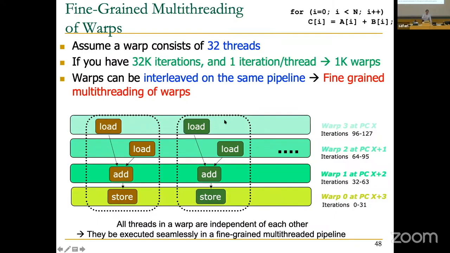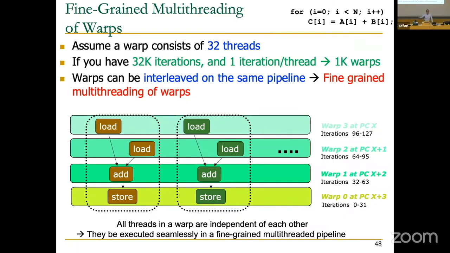And then once it's done, it gets refreshed and it executes program counter X plus 1, because it incremented the PC to the next instruction for the same 32 iterations. So warp 0 is always executing iterations 0 through 31, but it gets into the pipeline once in a while so that it can execute different instructions.